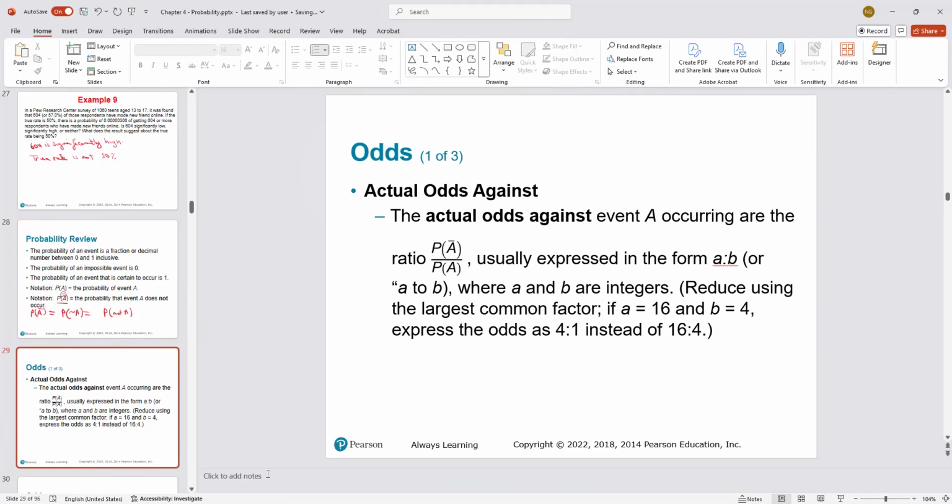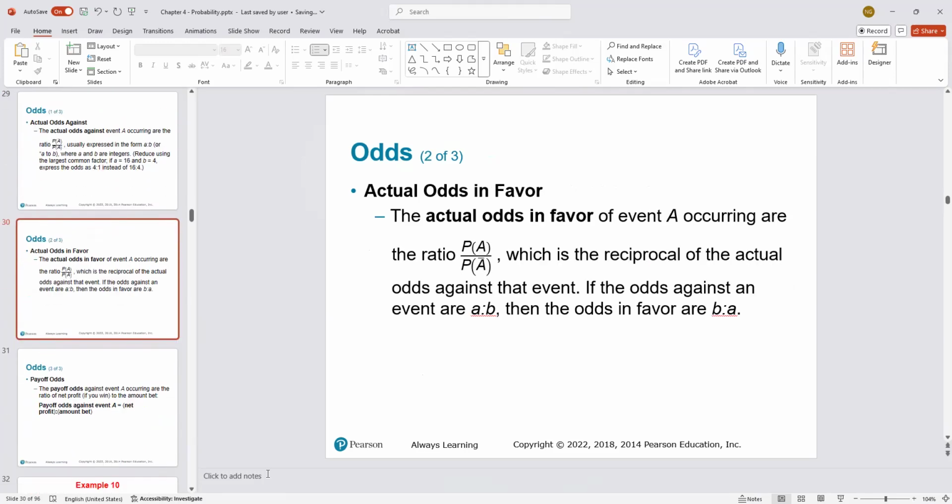Very important. And the other odds, because we have three definitions: the actual odds in favor of event A occurring are the ratio of the probability that event A occurs over the probability that event A does not occur, which is the reciprocal of the actual odds against that event. If the odds against an event are A to B, then the odds in favor are B to A. Very simple.